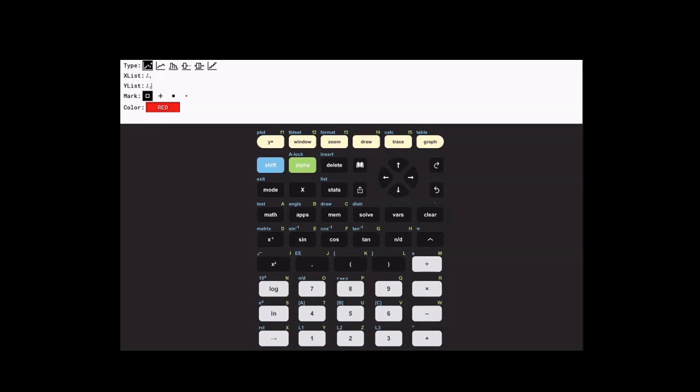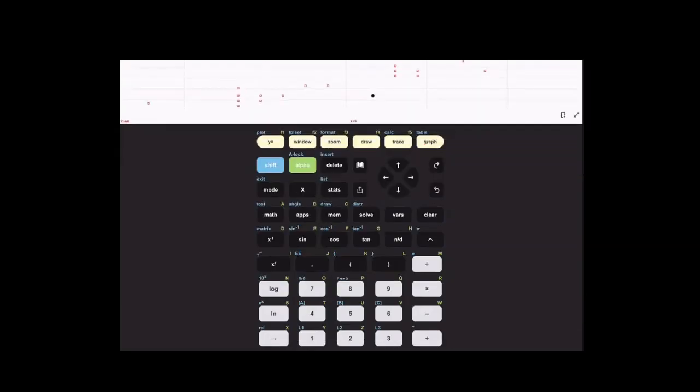If I were to graph this, I can hit zoom fit, which is in this case number 6. Oops, let me delete all that calculus stuff that I have on there. Zoom stat, that's what I meant to say, 5.